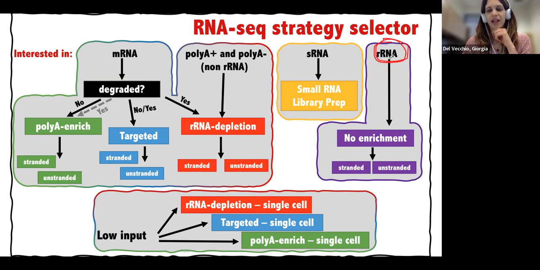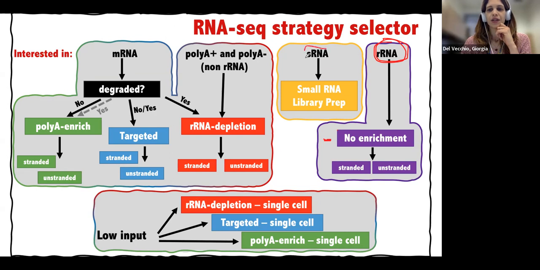It's unlikely that you are. Ribosomal RNA is the most abundant, so you don't need the enrichment. Our total RNA is already enriched for ribosomal RNA. And you can choose between stranded or unstranded library prep.